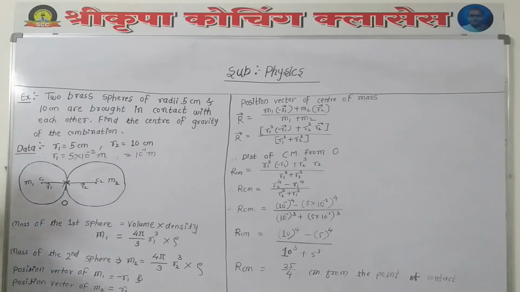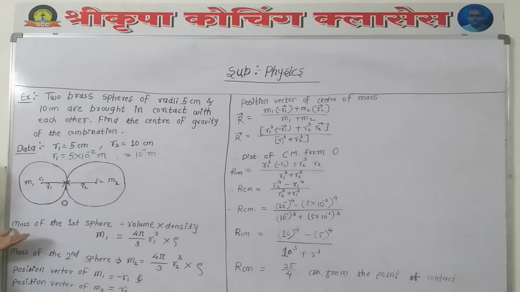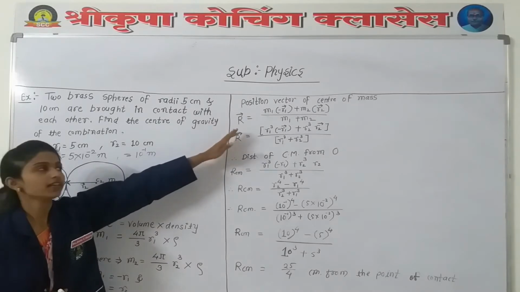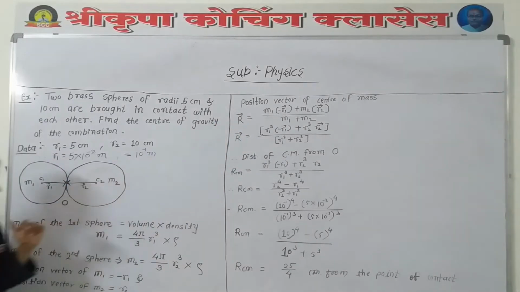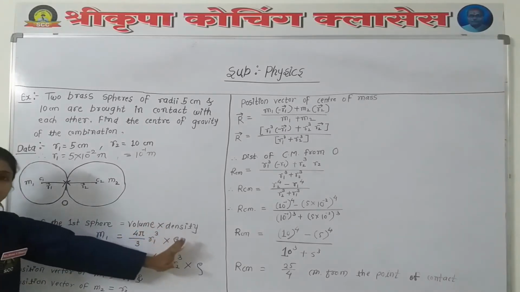For the calculation of center of gravity we have to calculate the mass of the first and second sphere, because for the position vector the mass is necessary. Mass of the first sphere M1 is volume into density.